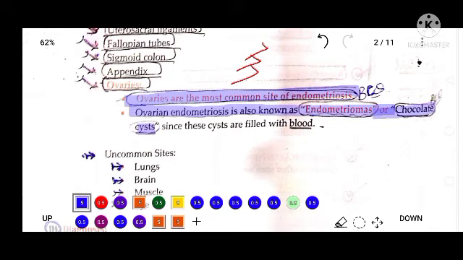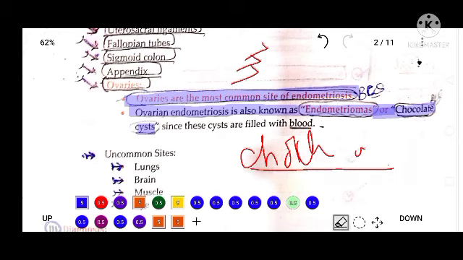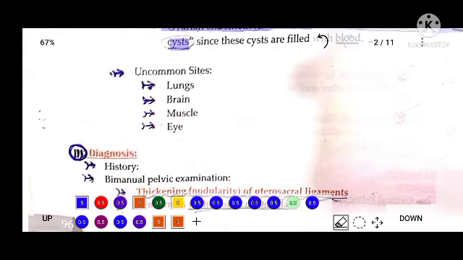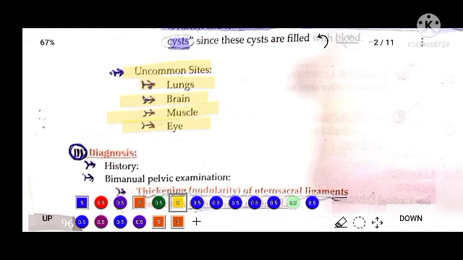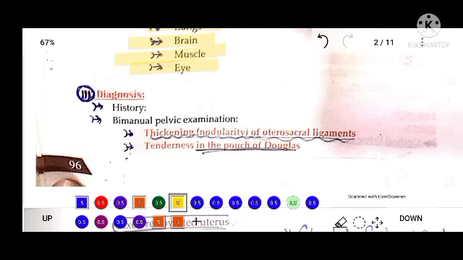This is a demarcating sign that chocolate cysts are also known as endometriomas or ovarian endometriosis. Uncommon sites are lungs, brain, muscle, and eyes, where there are less likely chances for endometriosis to develop.